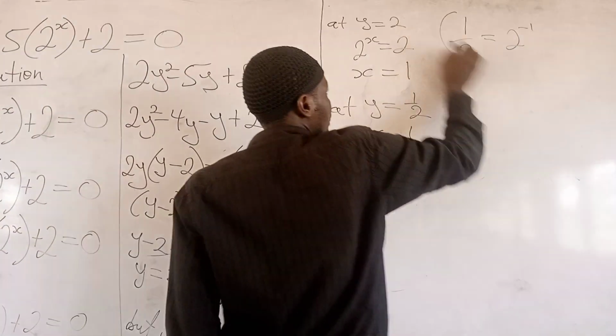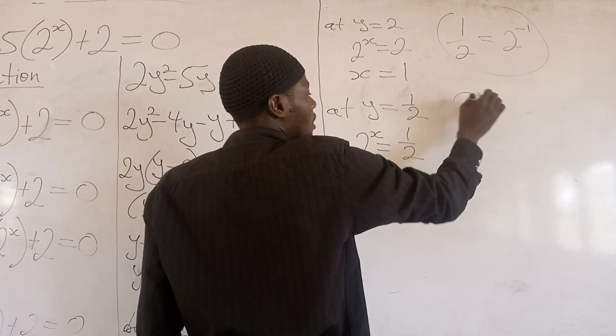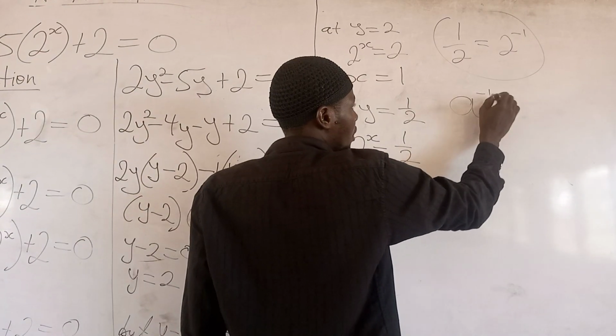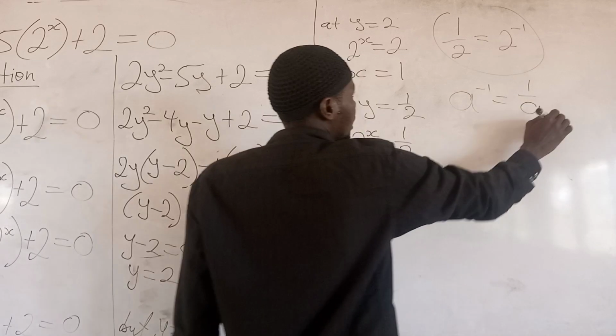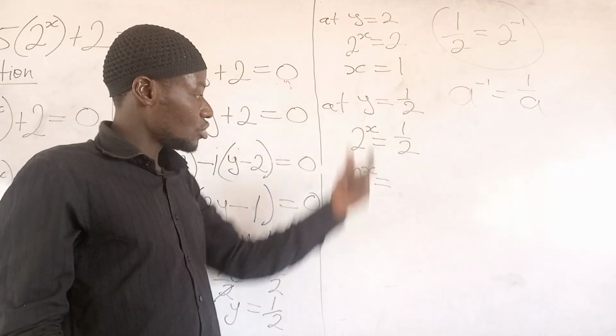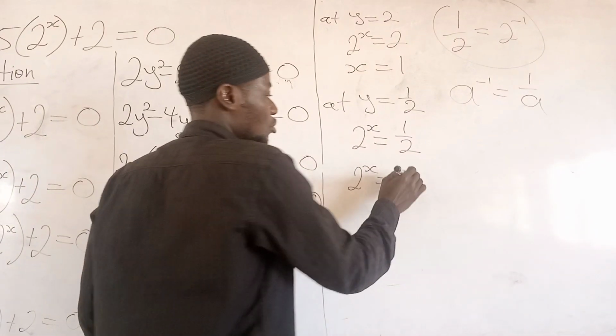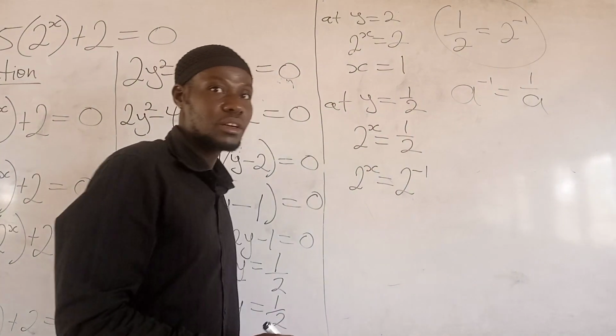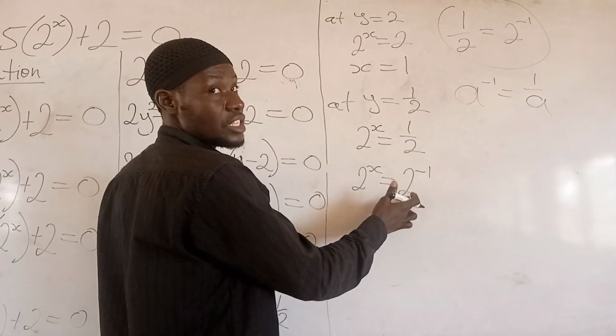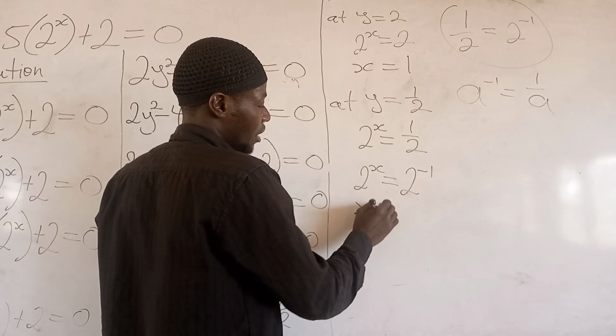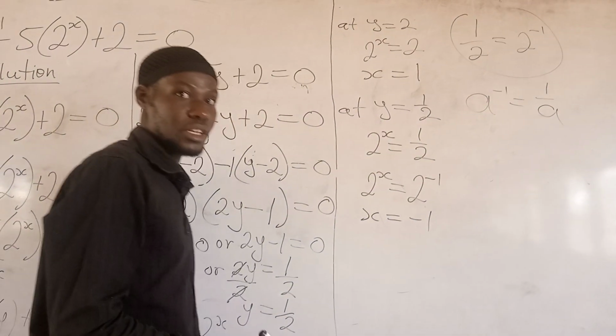That's one of the concepts of indices: a number to the power negative 1 is the same as 1 divided by that same number. So we will write 1 divided by 2 as 2 to the power negative 1. And so here, once the bases are the same, we can equate the exponents. So our x is equal to minus 1.